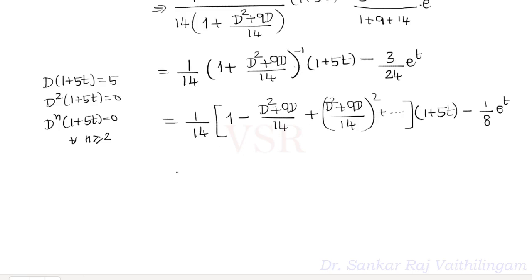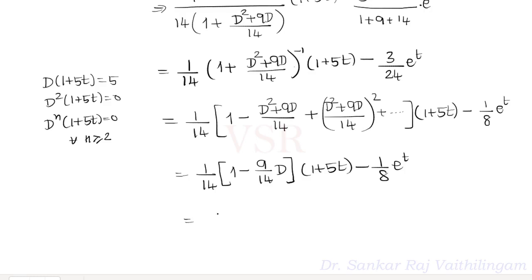So what we get is 1 by 14 into, here 1 minus D square goes away. Only 9D remains, so minus 9 by 14 D. Everything after that has at least D square, so this is sufficient. This gives 1 by 14 into (1 plus 5t minus 9 by 14 into D applied to it, which is 5), minus 1 by 8 e to the power t.